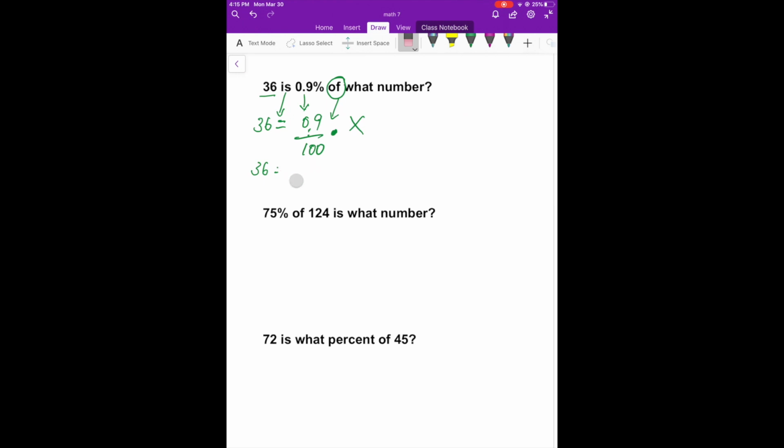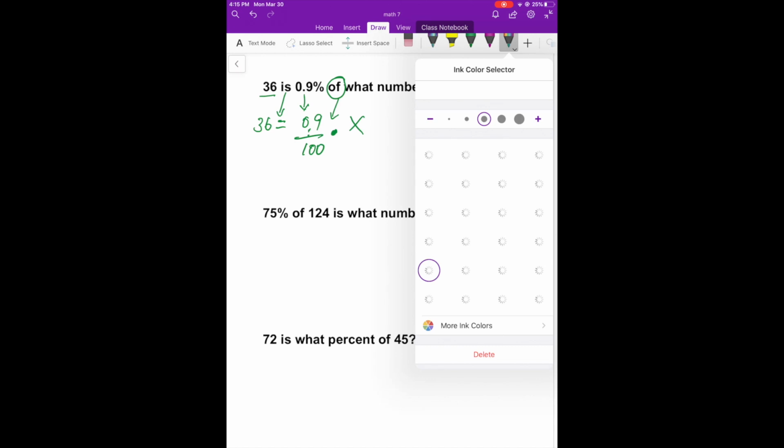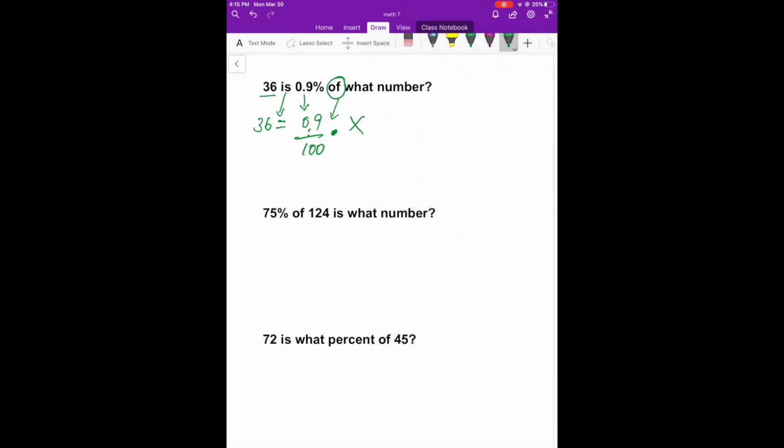So 36 is equal to 0.009x. Now you can just divide both sides by 0.009.